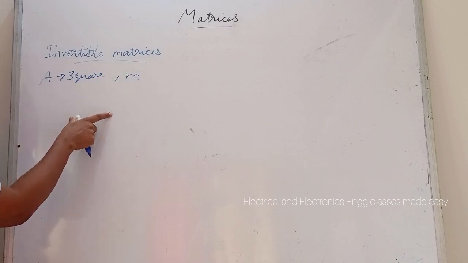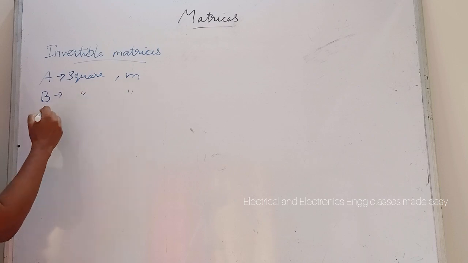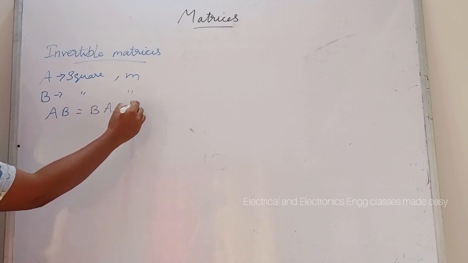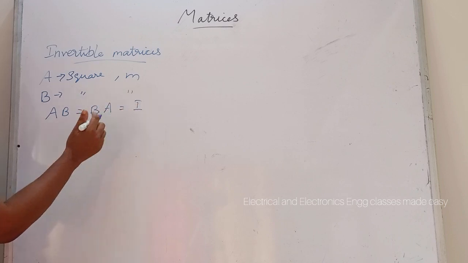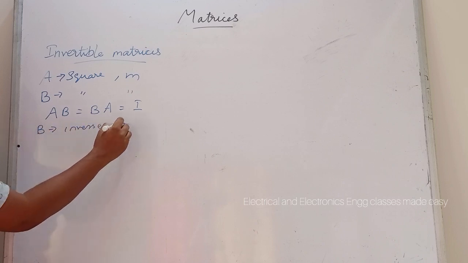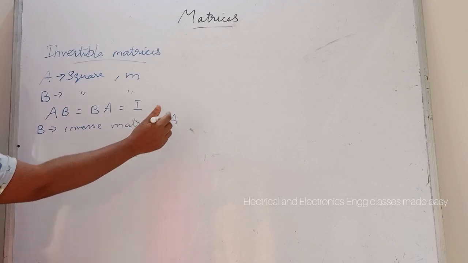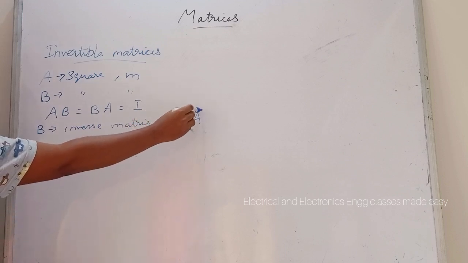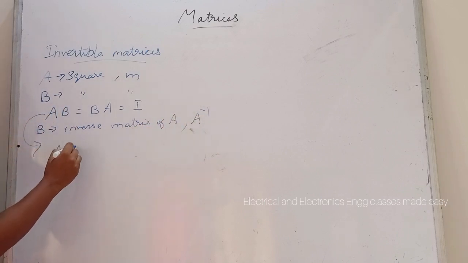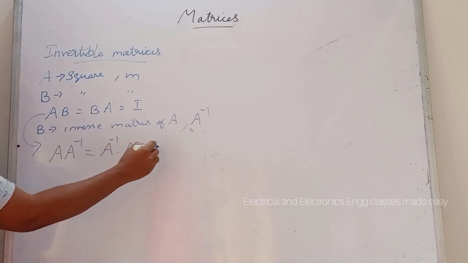Then there exists another square matrix B of the same order such that A into B is equal to B into A is equal to the identity matrix I. Then this B is called inverse matrix of A, which is denoted by A inverse. So this one we can write A into A inverse is equal to A inverse into A is equal to I.